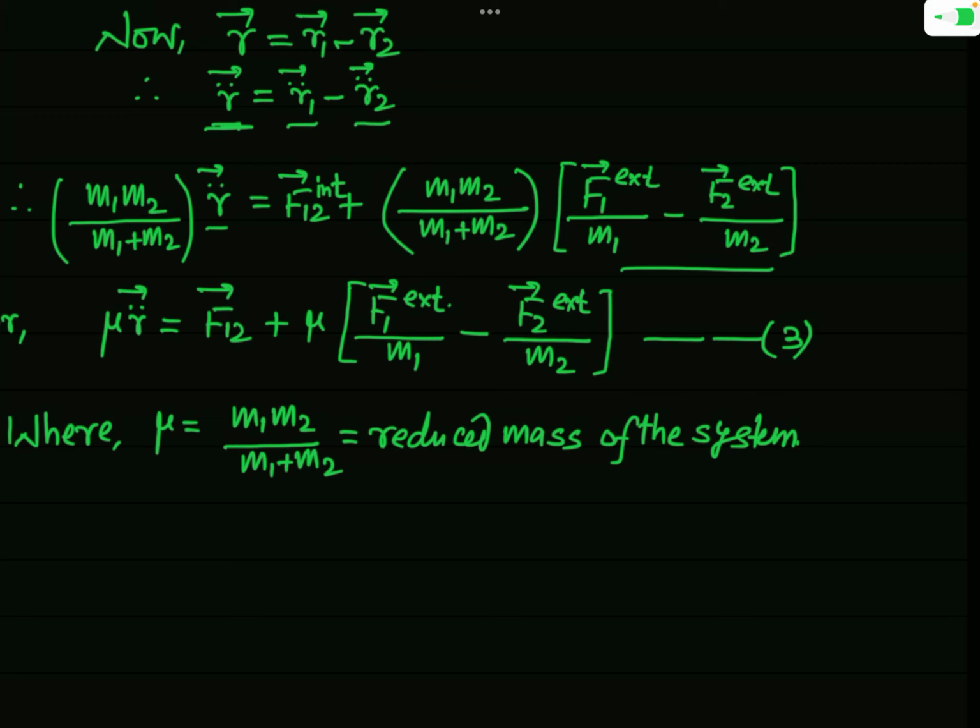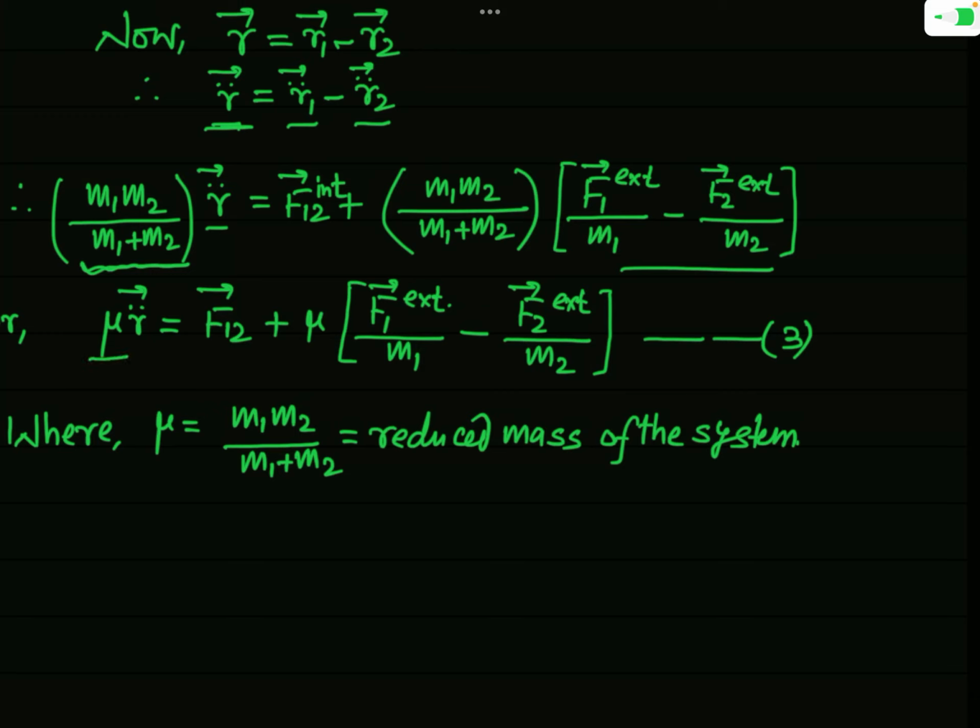Now you can see m1 m2 divided by m1 plus m2. This quantity has a dimension of mass, and so we represent this mass m1 m2 divided by m1 plus m2 by the symbol mu.